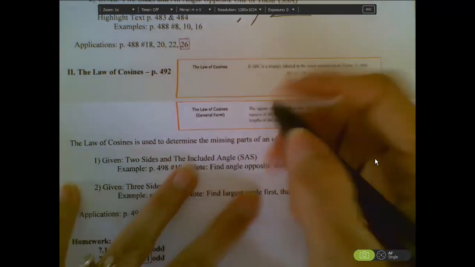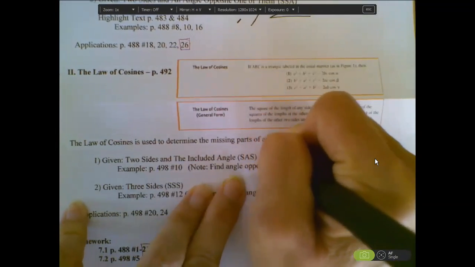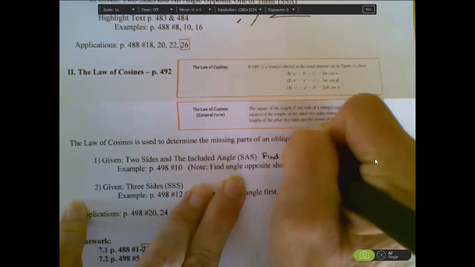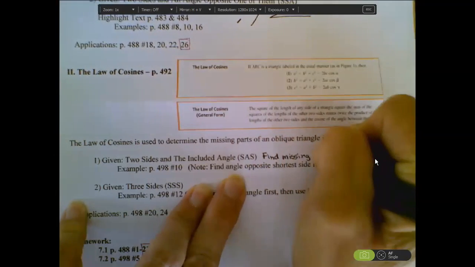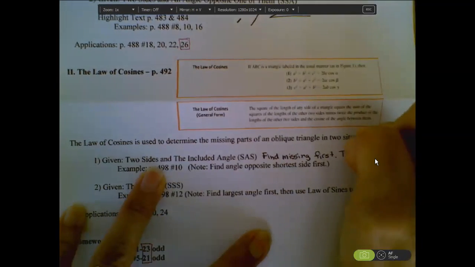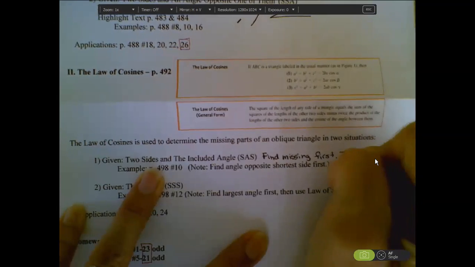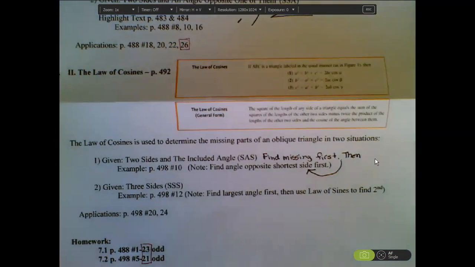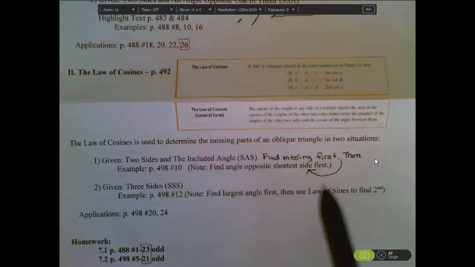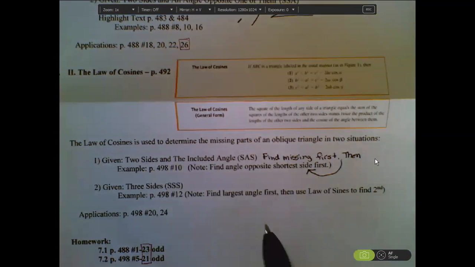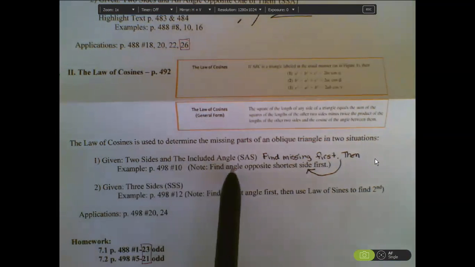Add this to your notes: find the missing side first, then find the angle opposite the shortest side. By following that practice, if you find the angle opposite the shortest side, that's going to have to be an acute angle, and that's how you avoid the ambiguous case when this is the information you're given.